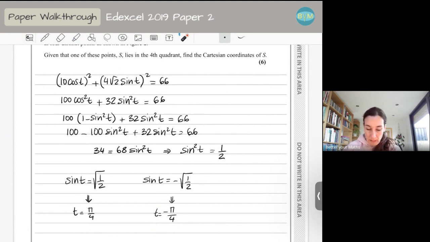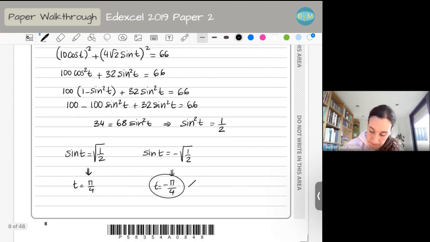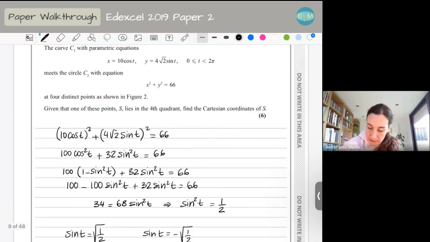Yeah? So when t is minus pi quarters, if you substitute the x and the y, you have that the x is going to be 10 cos of minus pi quarters, which is 5 root 2. So this one is the x, and the y should be negative. So the y is just from here. I'm just substituting here 4 root 2 sine t.